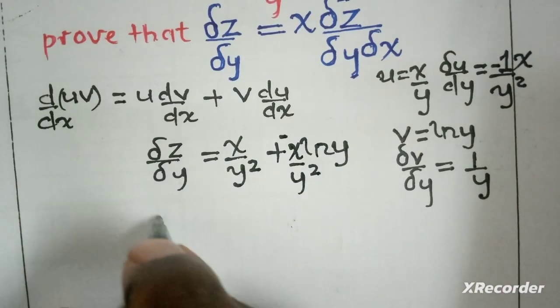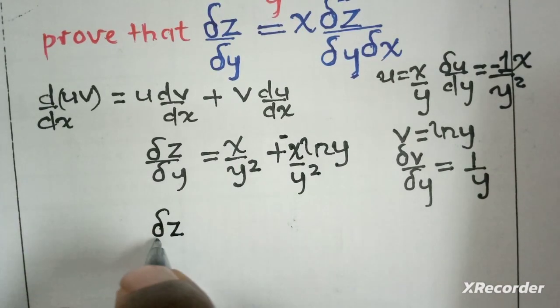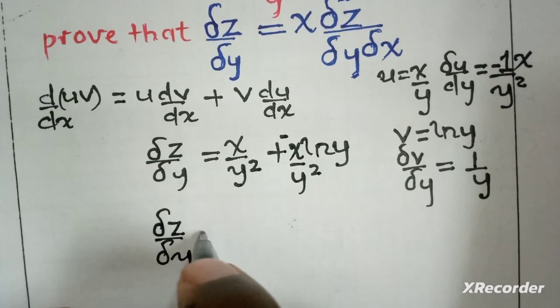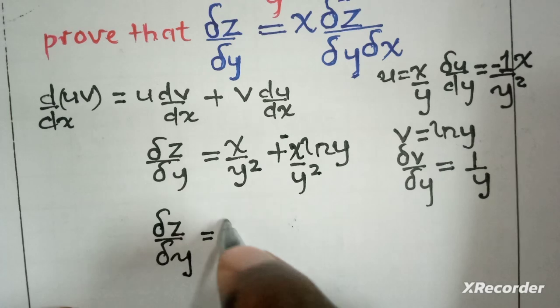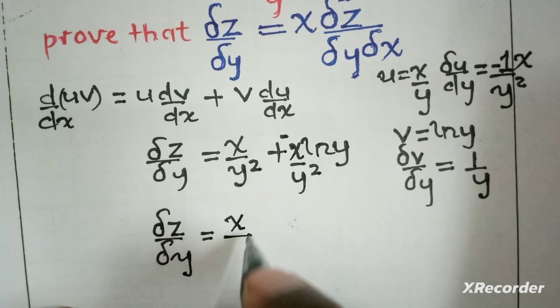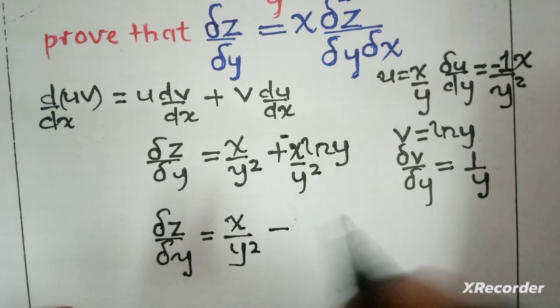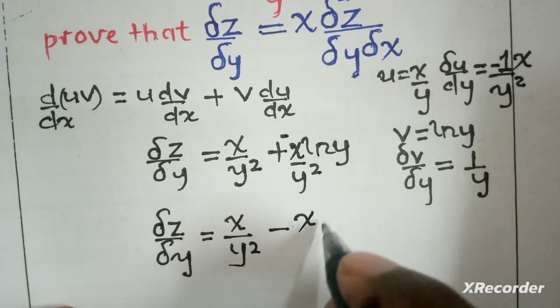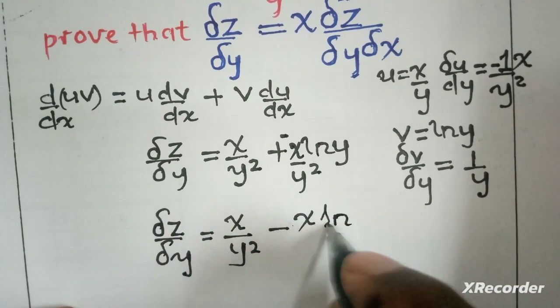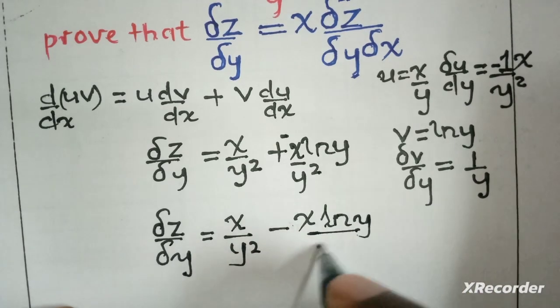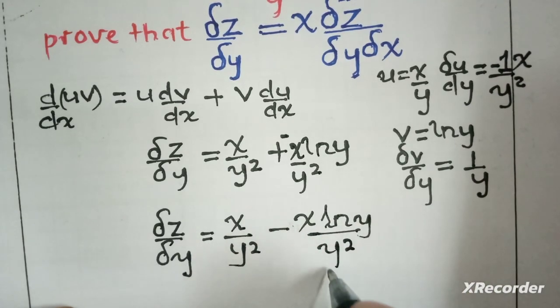So our solution here now is this, that is partial differentiation of z with respect to y, now gives us x all over y squared minus x ln y all over y squared.